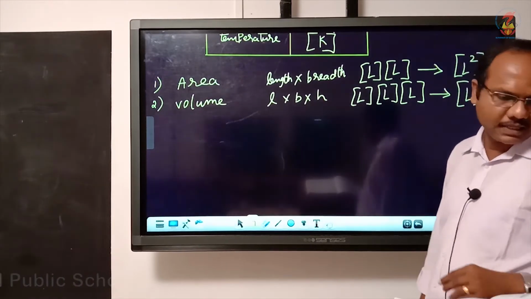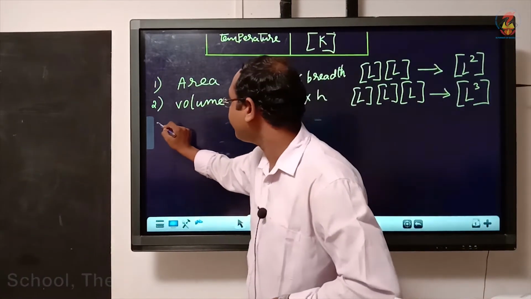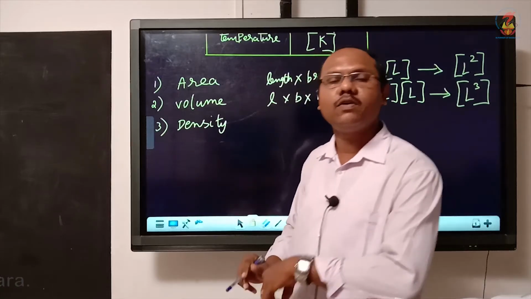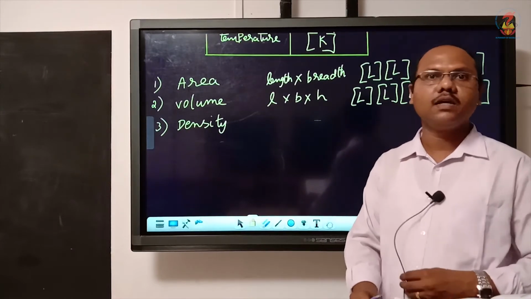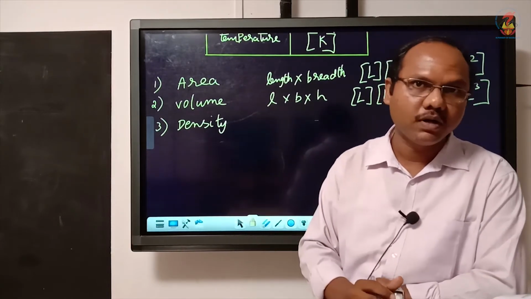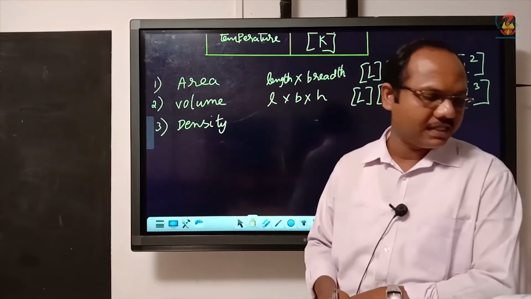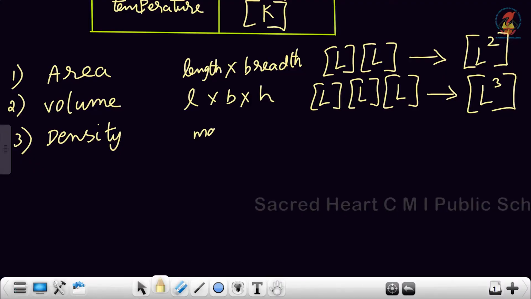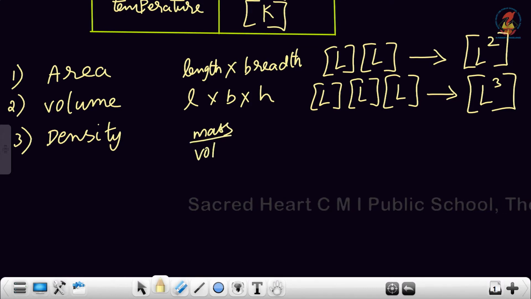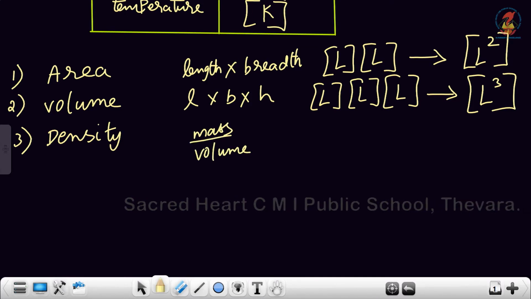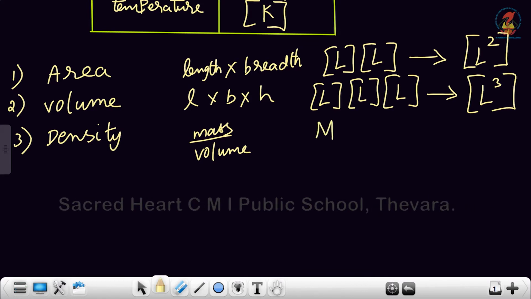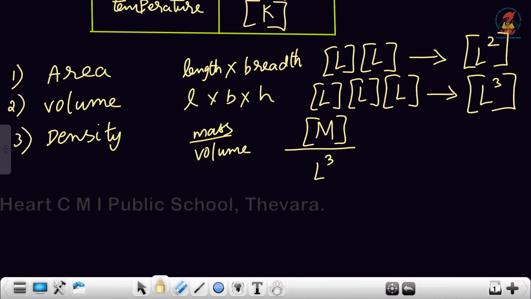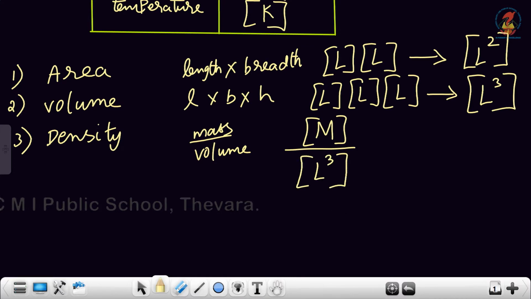Now the third thing, density. What is the unit of density? Unit is kilogram per meter cube. And what is the formula for density? Mass by volume. Mass is capital M, and volume is L cube.